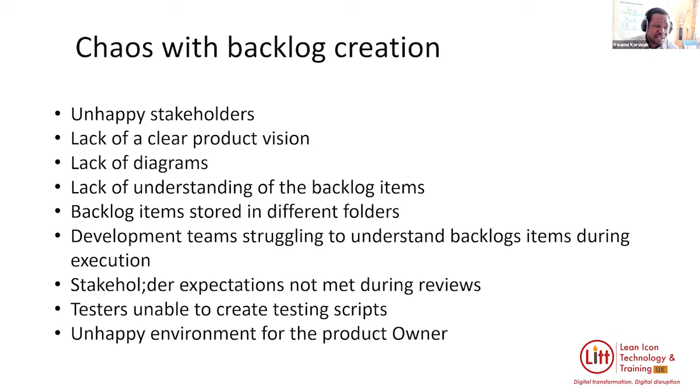When we talk about chaos, we are talking about unhappy stakeholders, lack of a clear product vision, lack of diagrams, lack of an understanding of the backlog items stored in different folders, development teams struggling to understand your backlog items, stakeholder expectations not met during reviews, testers unable to create testing scripts, and just an unhappy environment when creating your backlog. You need to be able to manage all this chaos when creating your backlogs.